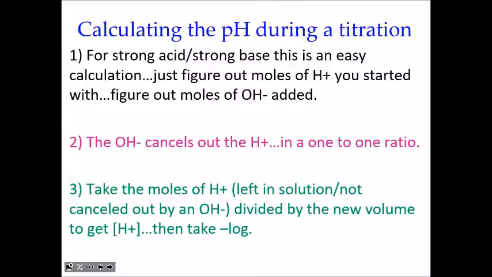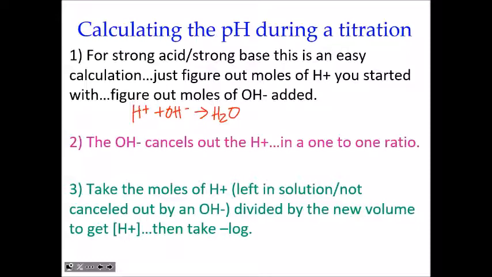For the strong, it's just moles equal moles: 1 mole of H plus and 1 mole of OH give you 1 mole of water. You don't have to worry about any other reactions, because if it's strong, the cation of the base and the anion of the acid form a neutral salt that will not cause any secondary reactions. So it's very simple.